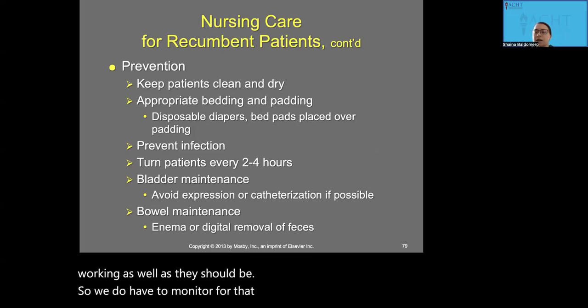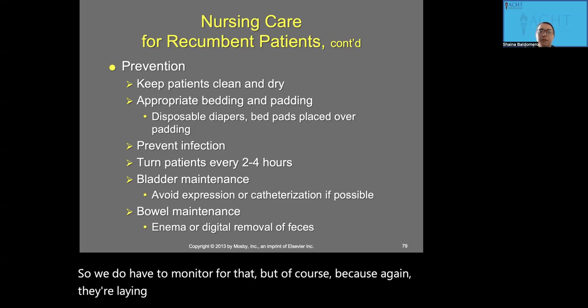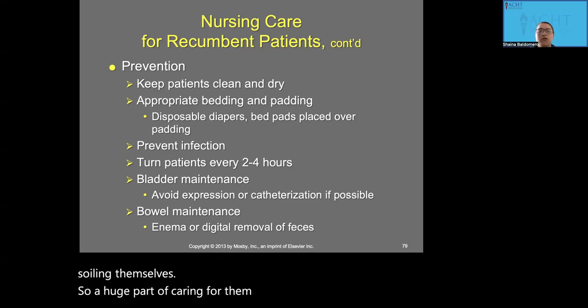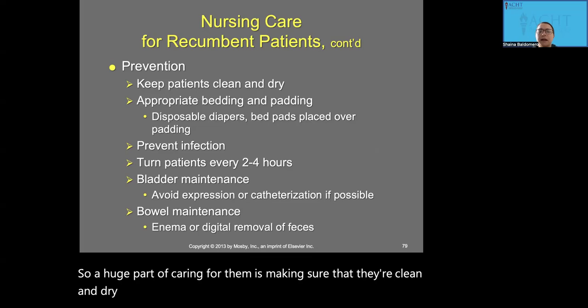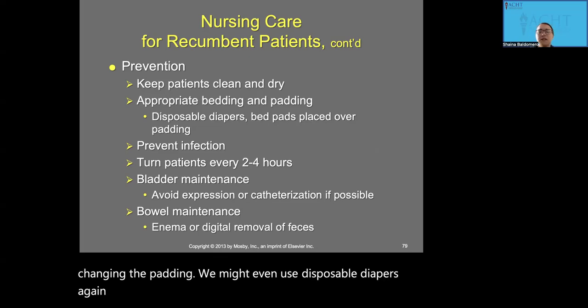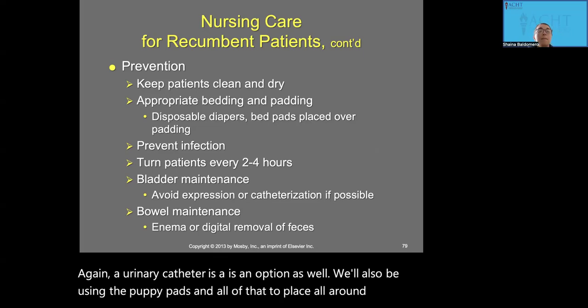But of course, because again, they're laying down, they're unable to get up, they're going to be soiling themselves. So a huge part of caring for them is making sure that they're clean and dry, constantly changing their bedding, constantly changing the padding. We might even use disposable diapers. Again, a urinary catheter is an option as well. We'll also be using the puppy pads and all of that to place all around them.